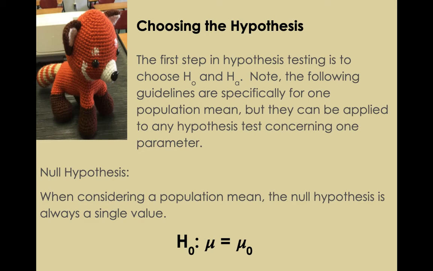We're working with the mean, so when we're doing a one population mean, the null hypothesis is always going to be mu equals some number. Now, this is some number that we're trying to prove is correct. This is not necessarily what we got from our sample. This is what we're doing before we get to thinking about our sample. What do we think it's going to be?